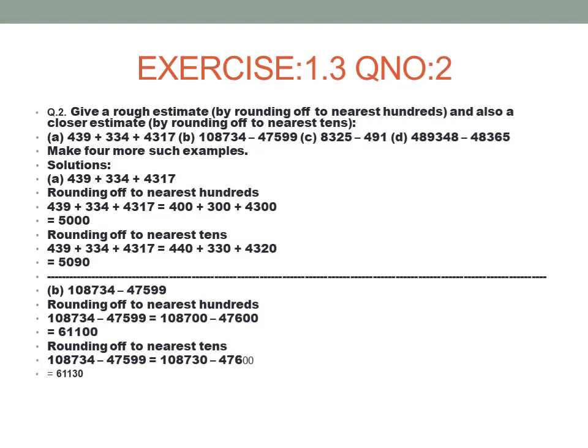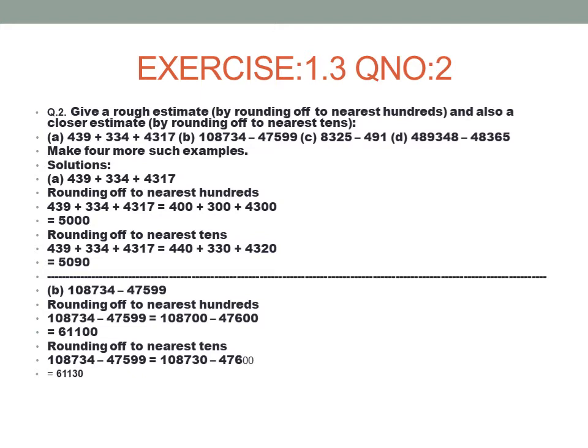Tens digit number only we are going to change by rounding off to the nearest tens place. 34 is nearest to 30. And 99 is near to 100. We will do now the nearest tens.